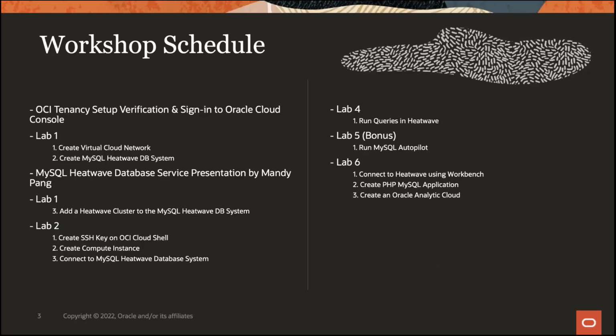We will add the HeatWave clusters to the MySQL HeatWave database system, and we will create an SSH key that will be used in order to connect to the compute instance. We will create a compute instance. We will connect to the MySQL HeatWave database system. We will run some queries to compare between MySQL and MySQL HeatWave.